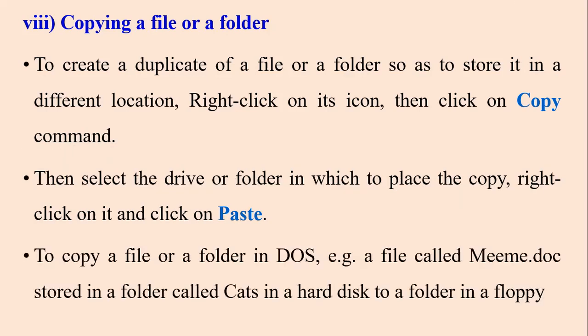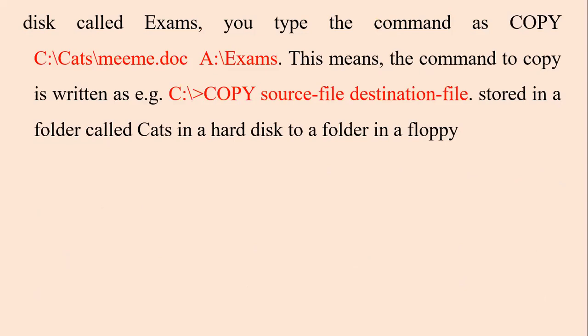To copy a file or a folder using disk operating system, for example, a file called meme that is stored in a folder called cats in a hard disk to a folder in a floppy disk called exams, you type the command as follows.